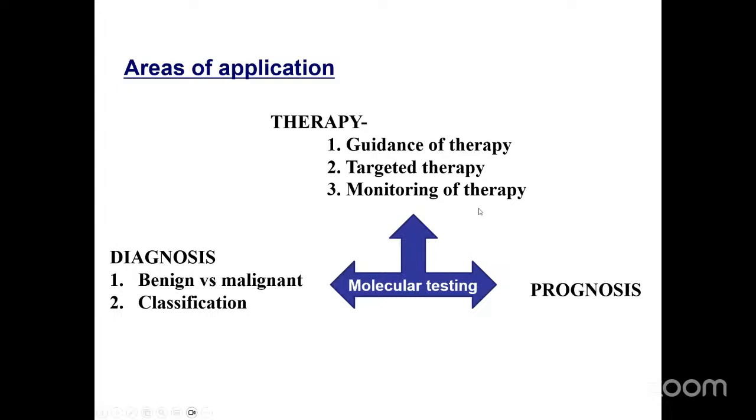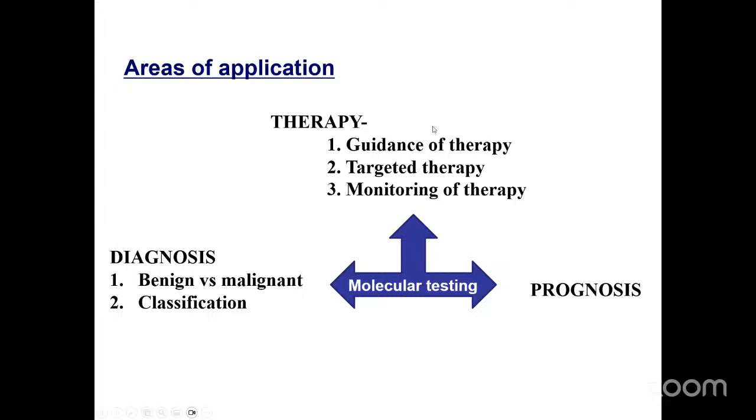For therapy, it can help in guidance of the therapy, such as targeted therapy against mutations or certain molecular markers, or sometimes even guidance of therapy such as if the patient has a certain genetic signature, then the patient is taken for stem cell transplant earlier than other patients who have a better prognostic marker, for example.